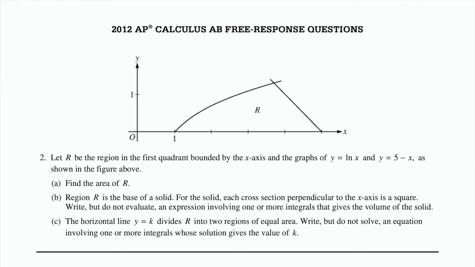So part C, the horizontal line y equals k divides region R into two regions of equal area. Write but do not solve an equation involving one or more integrals whose solution gives the value of k.